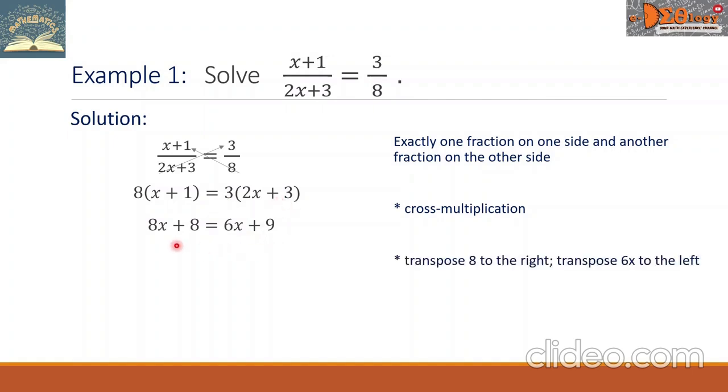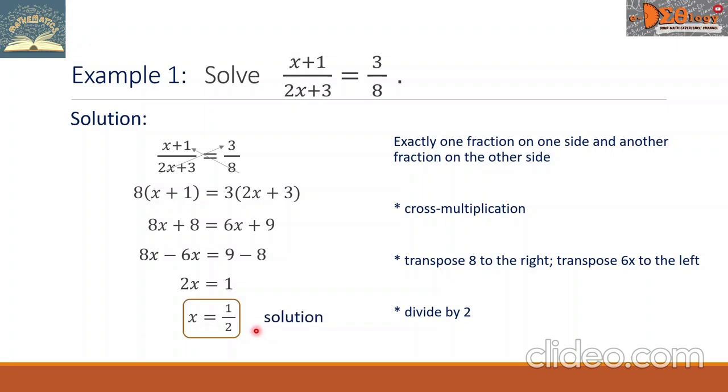And from here, we transpose this 8 to the right, and this 6x transpose to the left. We have now 8x minus 6x equals 9 minus 8. The left side is 2x equals the right side is 1. Then we divide the equation by the coefficient of x, which is 2. And the value of x equals 1/2. This is our solution.